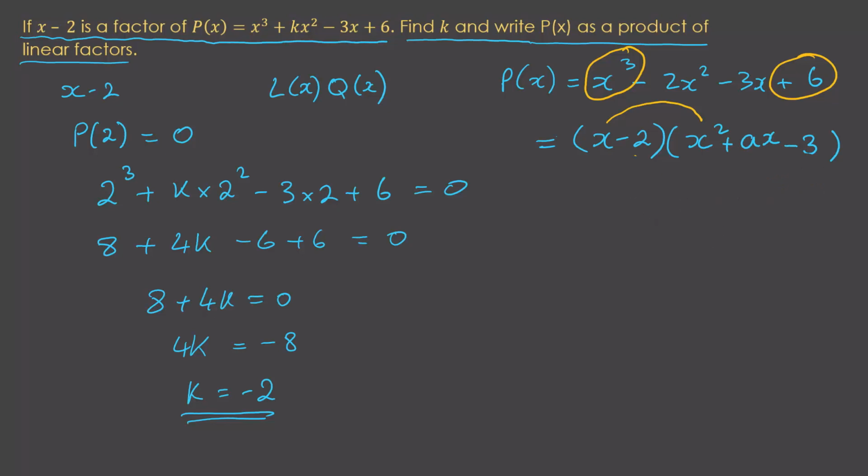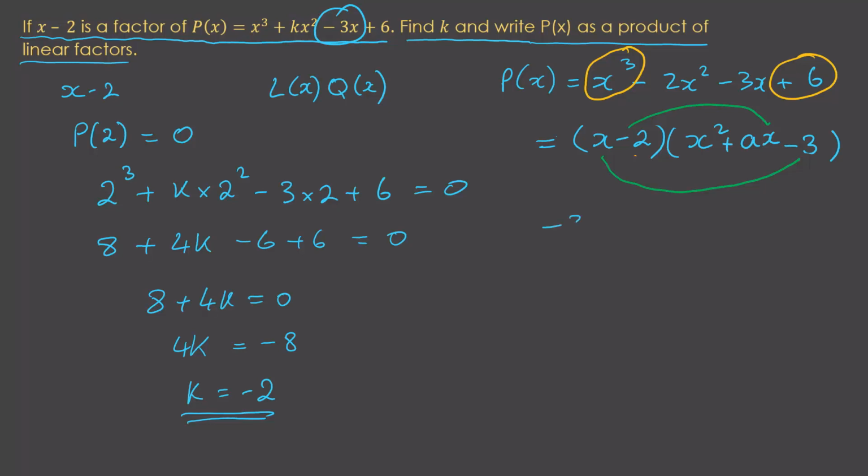But I can find that a by looking at, let's say, the negative 3x here. Which parts of this expansion are going to give me x? That's going to give me x, and that's going to give me x.